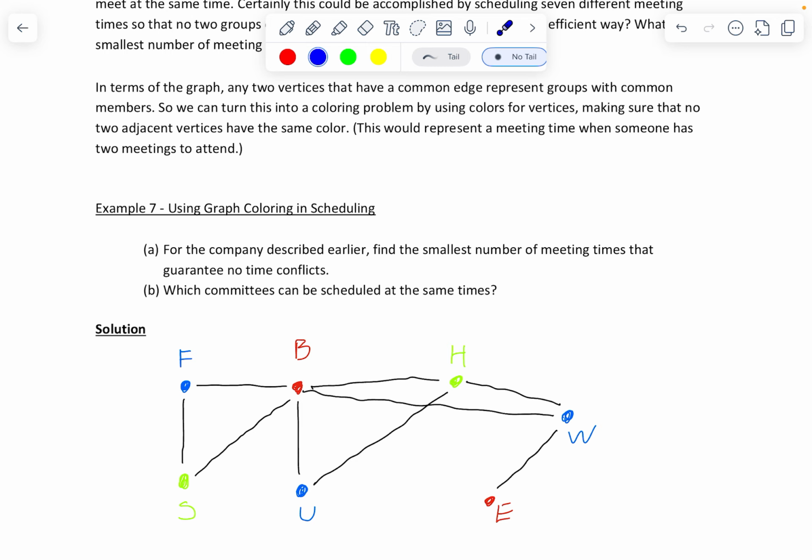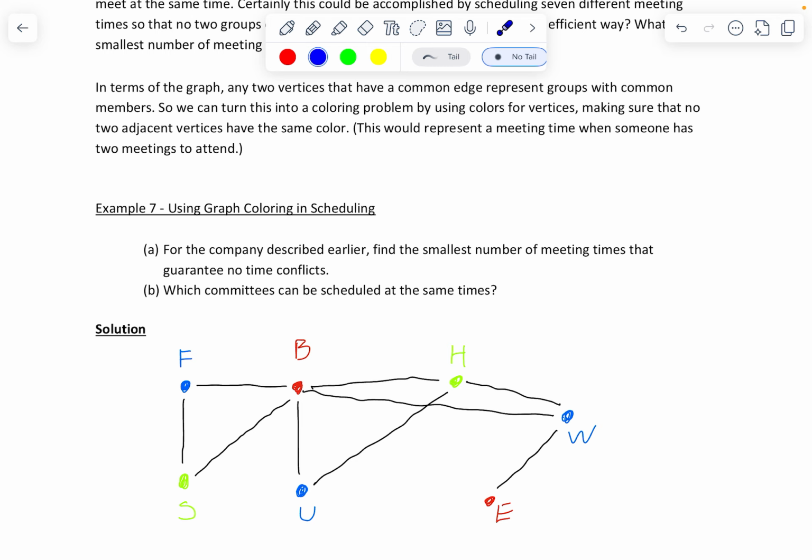Which committees can be scheduled at the same time? That was the second question here. The vertices that are the same color are not connected to each other by any edges. So those are the ones that do not have any common members. So vertices F, U, and W are all blue.